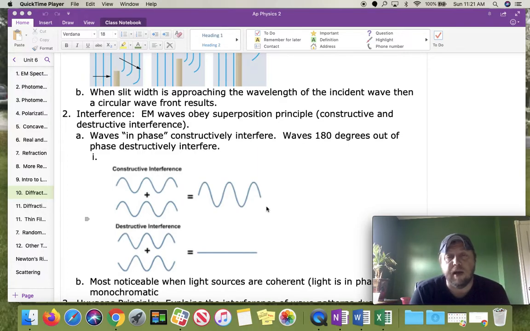This is talking about mechanical waves here, but we will apply this to light in just a little bit. When destructive interference of waves occurs and the waves are perfectly 180 degrees out of phase, we should end up with no wavefront that propagates out from that point. So we end up with a flat line as far as the energy of the wave.